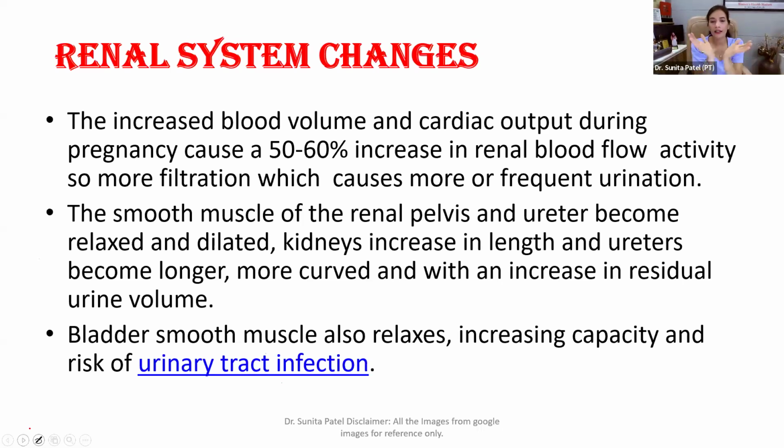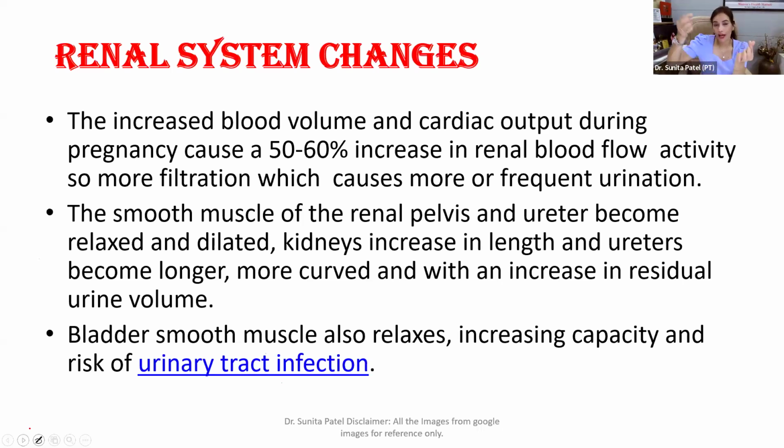So you can understand that the bladder will be more relaxed, so it can accommodate more urine. Another thing is important here: we have the ureters. The kidneys are bigger in size, the bladder is also bigger in size. So what is the connection between the two kidneys and the one bladder? The ureters.